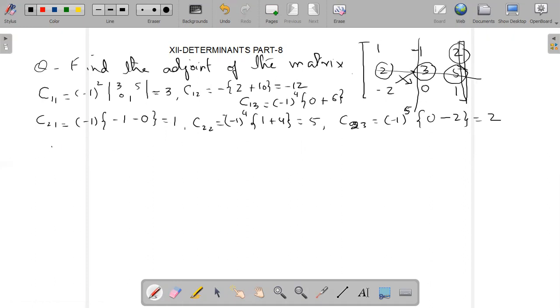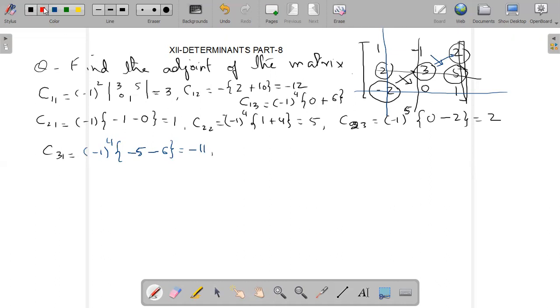Then C31. This number is in this row and this column, and the power is minus 1 raised to power 4, that is a positive value. Minus 1 into 5 is minus 5, and minus 3 times 2 is minus 6, so minus 5 minus 6 is minus 11.